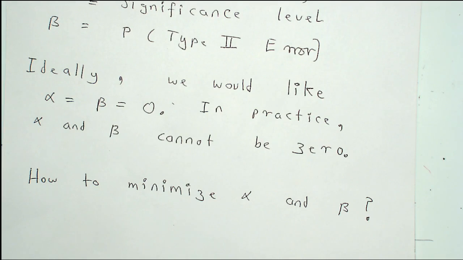In other words, come up with a test that gives the smallest possible value for alpha and the smallest possible value for beta.